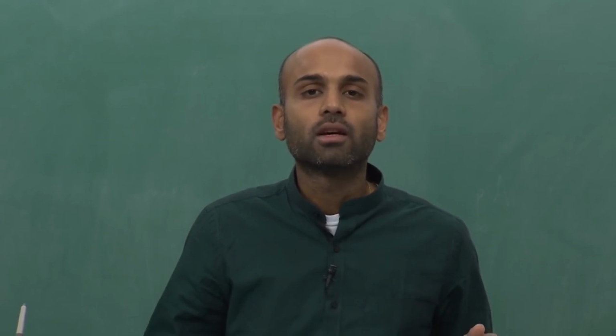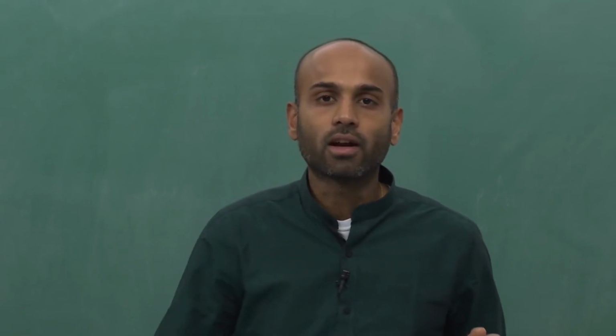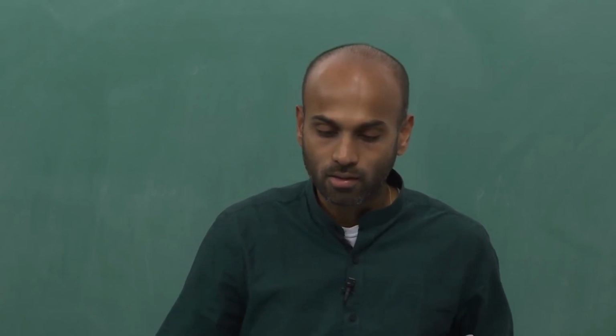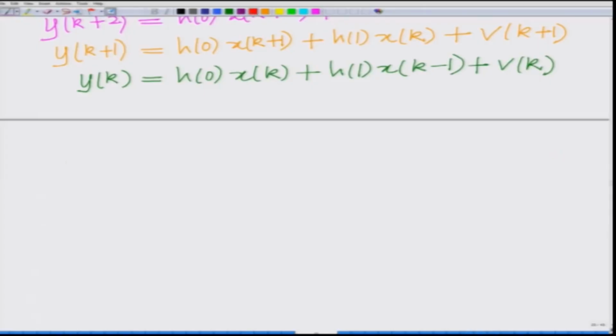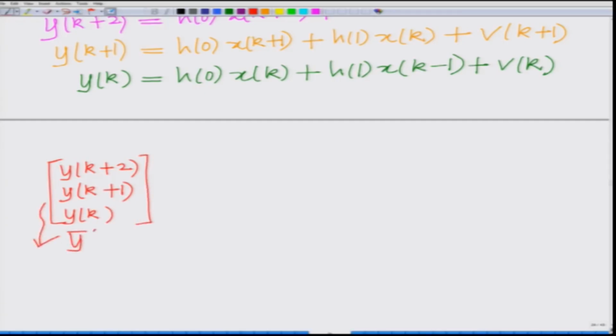Now, what I am going to do is stack these symbols yk plus 2, yk plus 1, yk as a vector, and you can see now I will get the system model. When I stack these as a vector, what I will get is yk plus 2, yk plus 1, yk. This is the vector, which we can call y bar k, which is an r cross 1, or basically a 3 cross 1 vector. Remember, we are looking at a 3 tap equalizer.